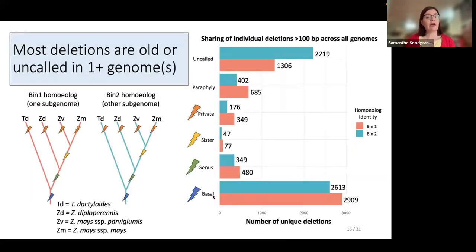So we can also think about what is the timing of these fractionation events, given this very, very coarse classification scheme. Remember, these homologs are operating independently of each other, so we really have two phylogenies, one for bin 1 homologs and one for bin 2 homologs.